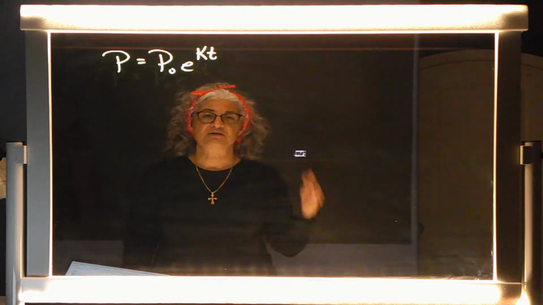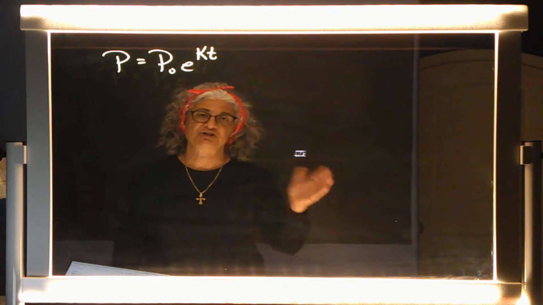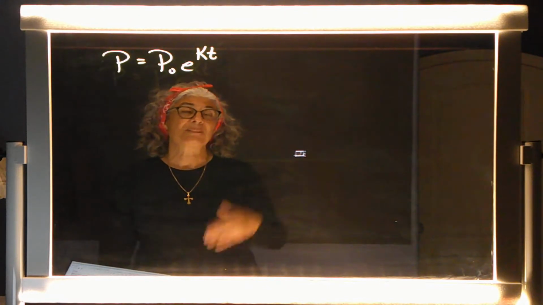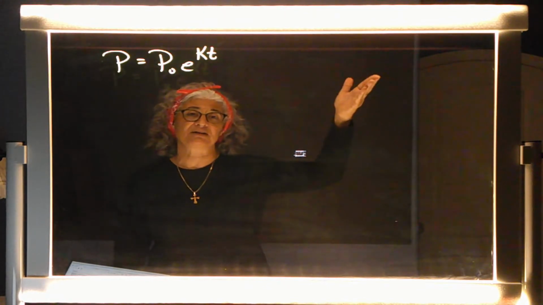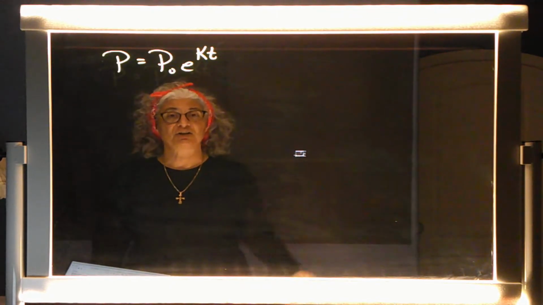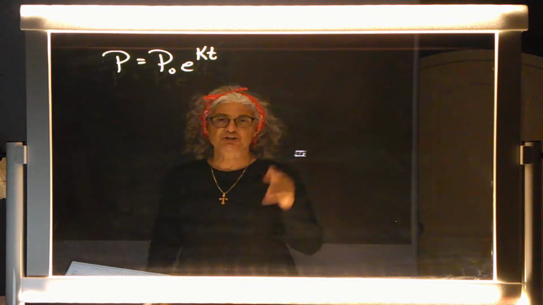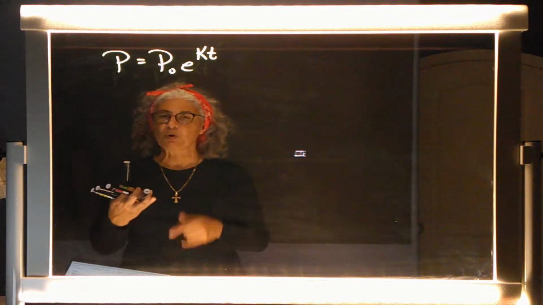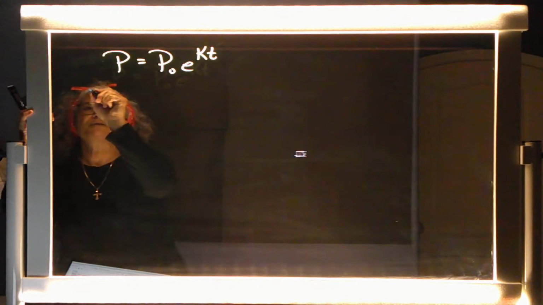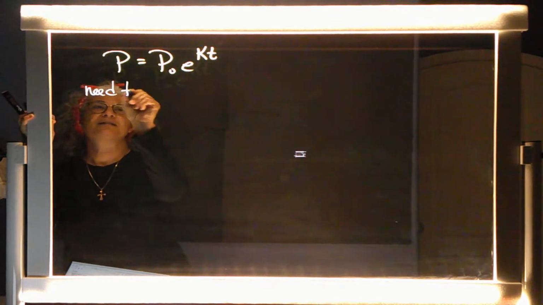If they're asking me what the population is going to be 2 years from now, then I need to know the specific formula, don't I? All they gave me was the generic. Now I need the specific. What are the two things I need to know in order to come up with the specific formula?